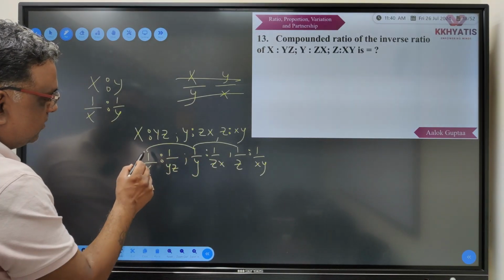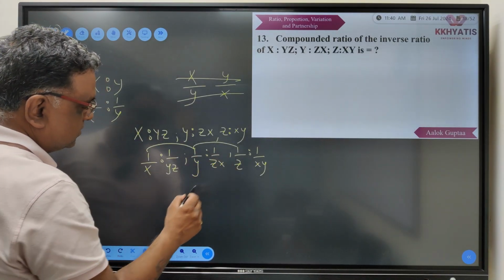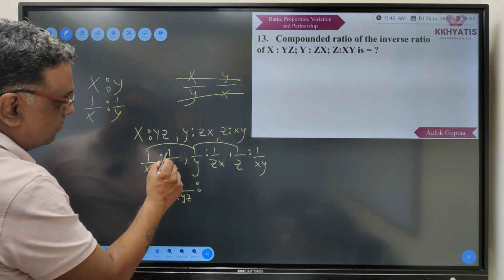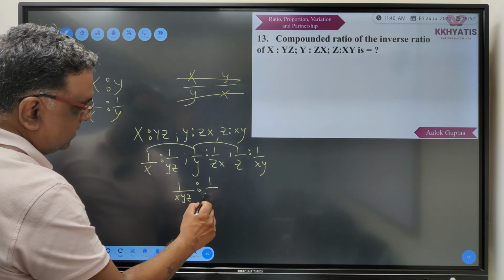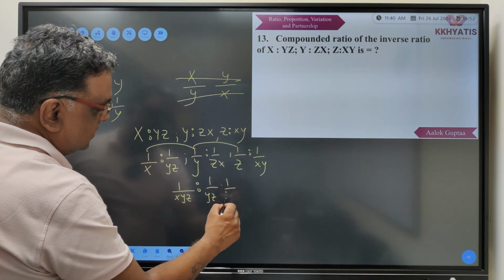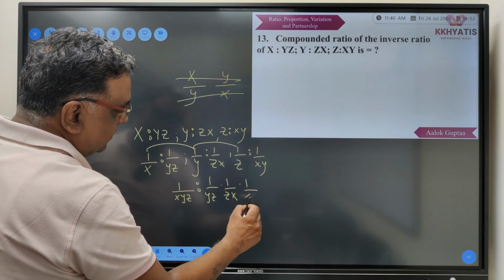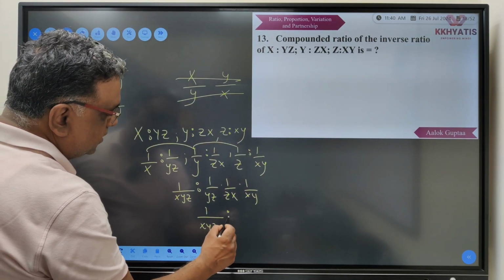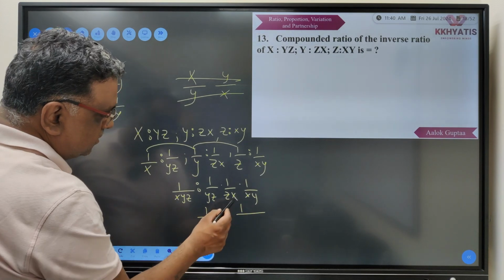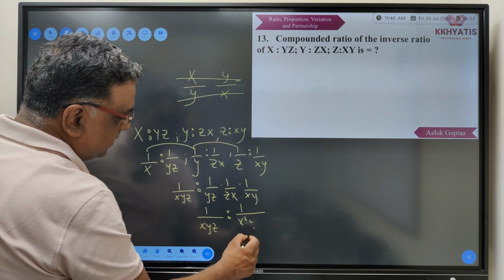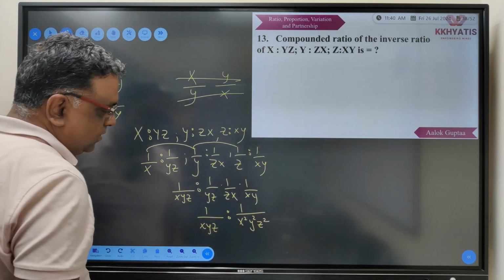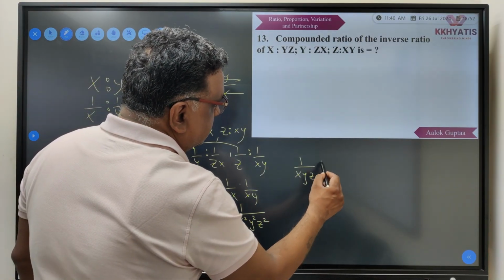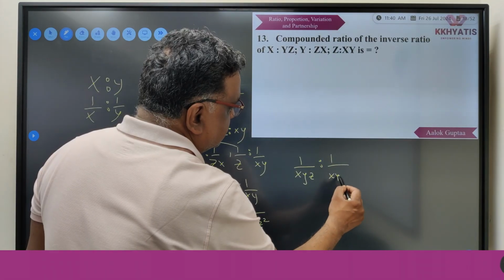So this will be 1 upon x into 1 upon y into 1 upon z, so 1 upon xyz is to 1 upon yz into 1 upon zx into 1 upon xy. So it became 1 upon xyz is to 1 upon x square y square z square. Okay? So this will become 1 upon xyz is to 1 upon xyz whole square.